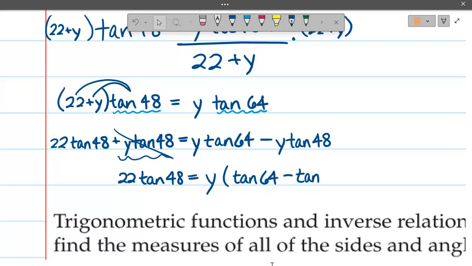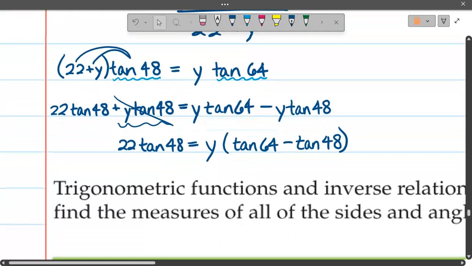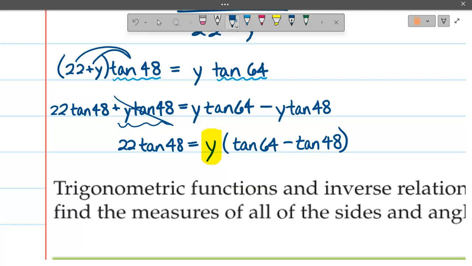It's very hard to get y by itself when it's in two different places. So we factor it out. And you'll notice we are so close to getting y by itself on this side of the equation here. The only thing left is to get rid of times tangent of 64 minus tangent of 48, which we accomplish with division. This expression is typed into our calculator and we solve.